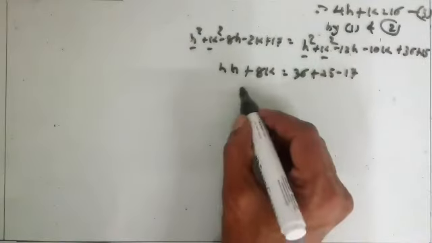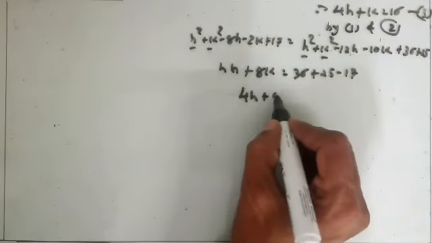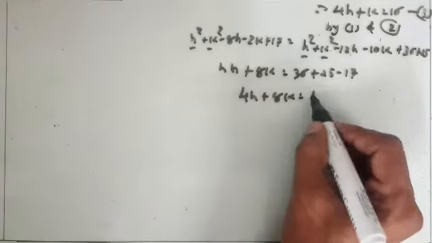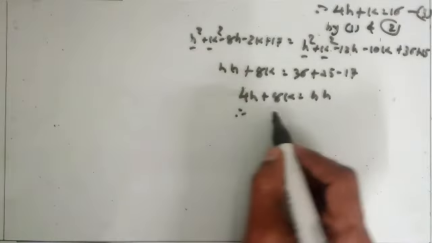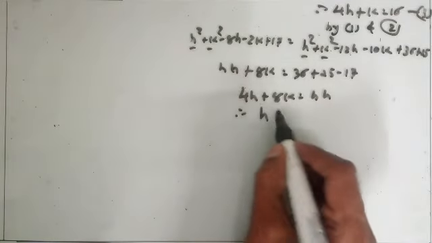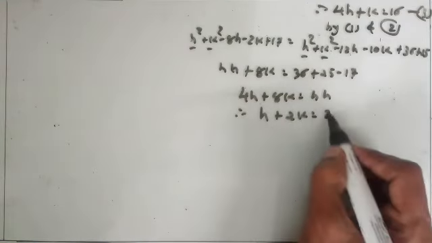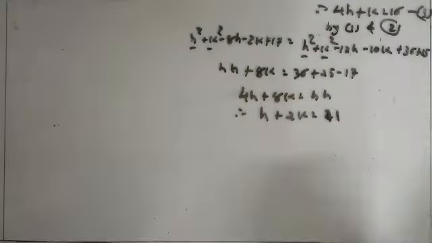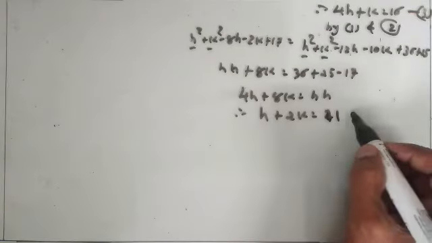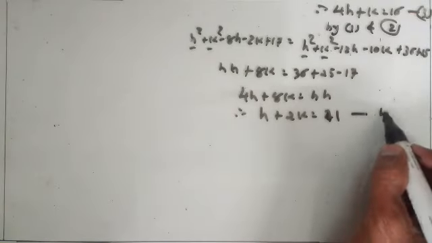After simplification we get 4h plus 8k is equal to 44. Therefore, dividing by 4 we get h plus 2k is equal to 11. Take result number 4.